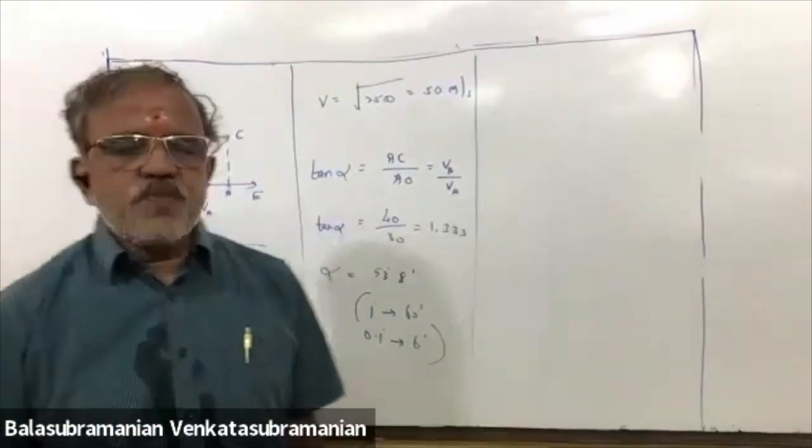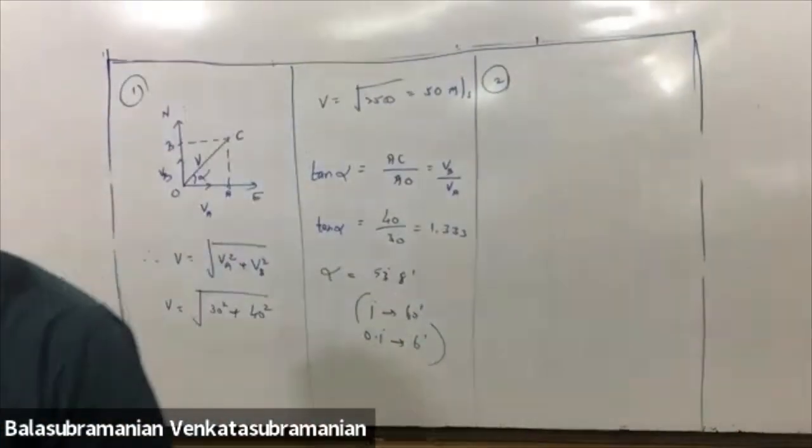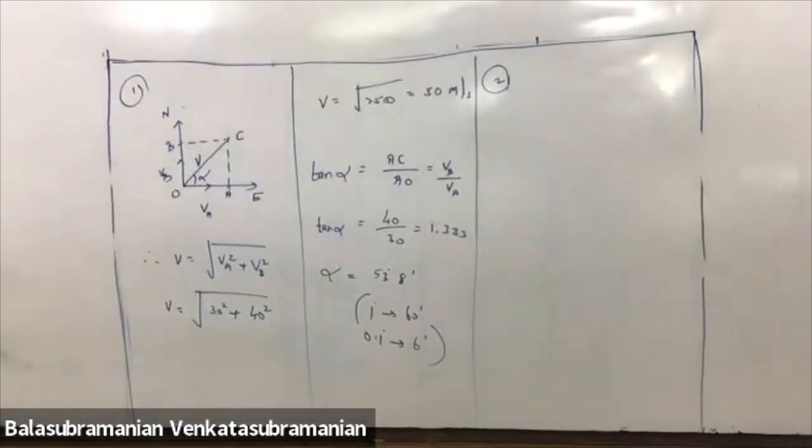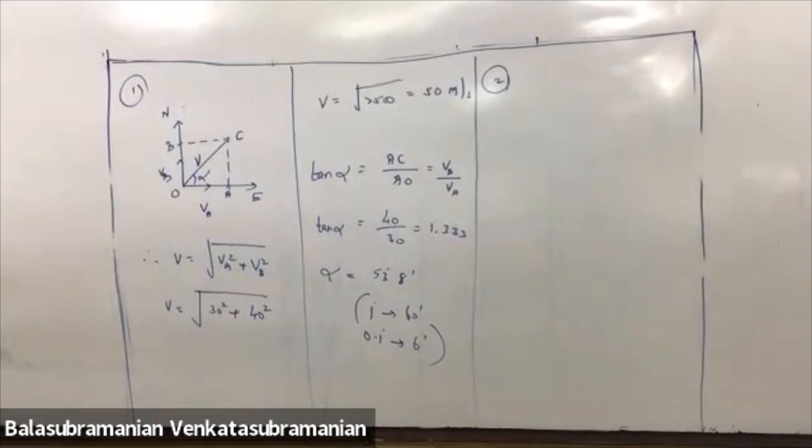Okay, so this is the first problem. Second one: two forces 5 Newton and 7 Newton act on a particle with an angle of 60 degree between them. Find the resultant force.